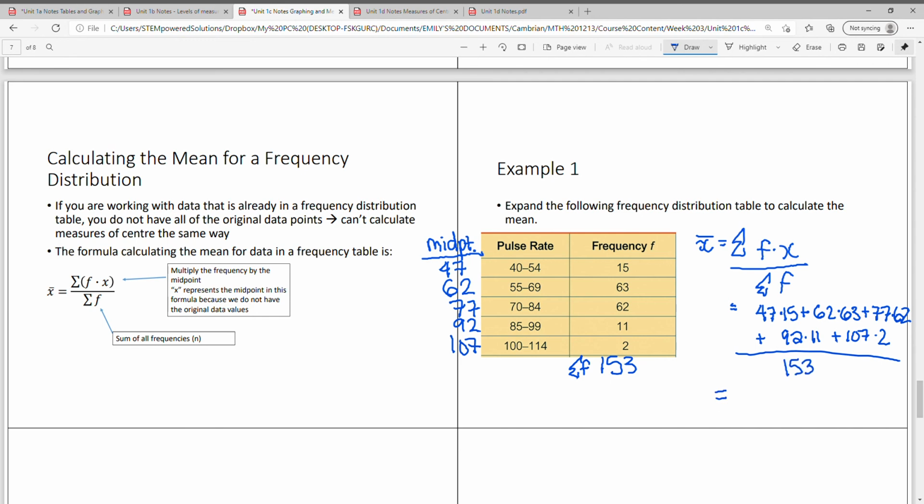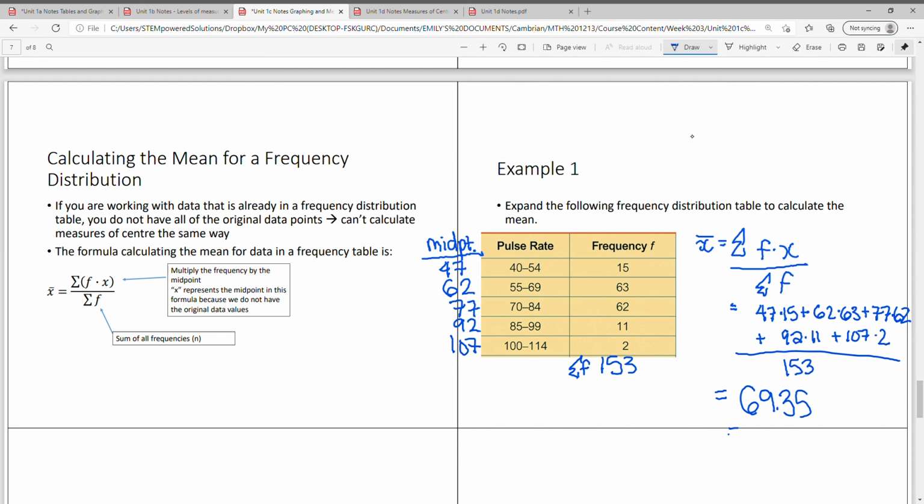So let me do that in my calculator. That equals 10,611 divided by 153 equals 69.35.